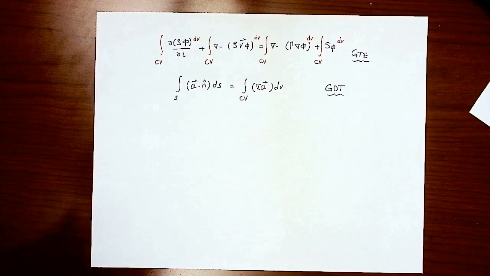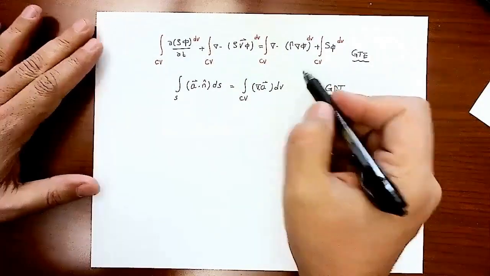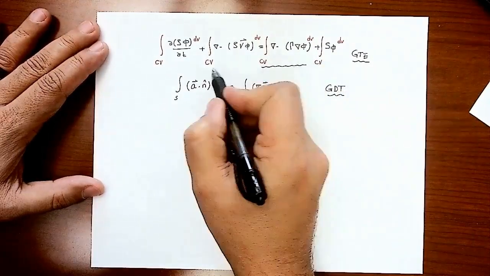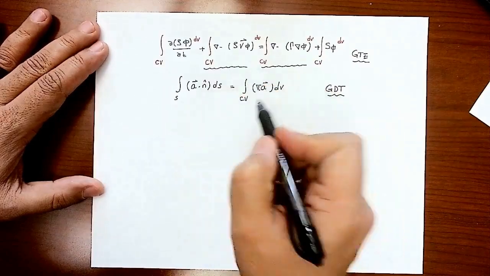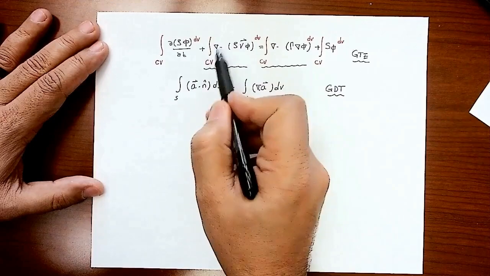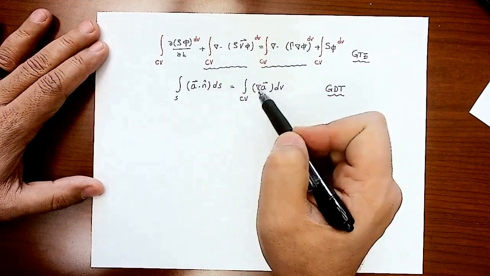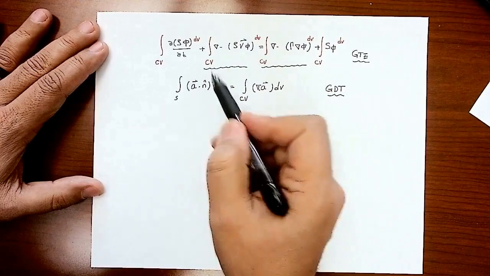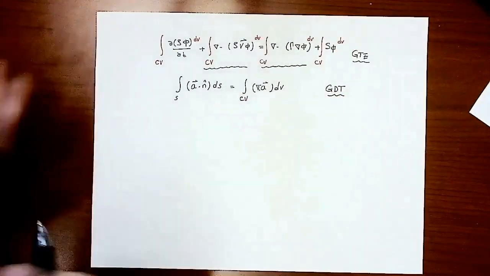We have to start using the Gauss divergence theorem, because we have a few terms here, integrated over the volume, with a vector quantity multiplied by the gradient. So it's highly likely that we're going to replace these by integrals over the surface and vice versa.